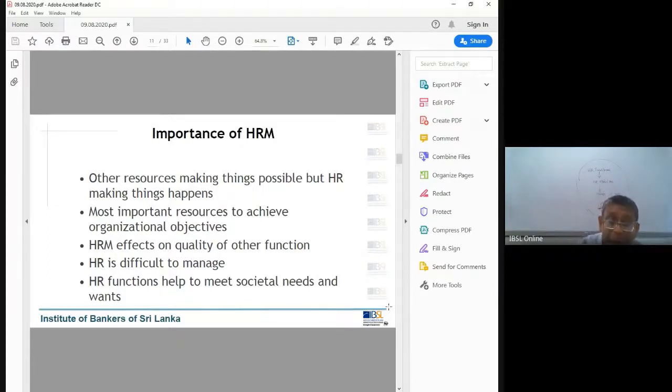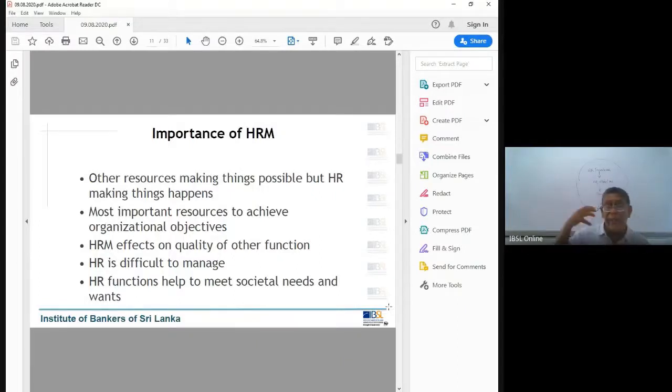Now, in an organization, you have a lot of other functions. You may have a marketing function, a finance function, operational functions, a supply function, a transport function. Any organization usually carries different types of functions. Who is performing all these things? Human resources.